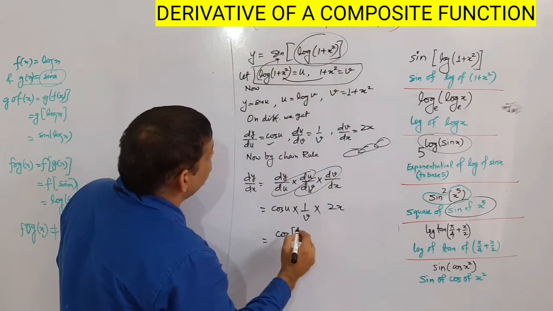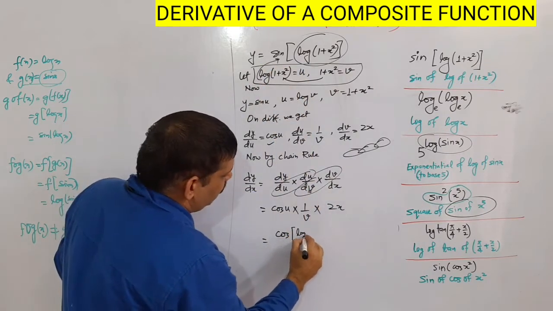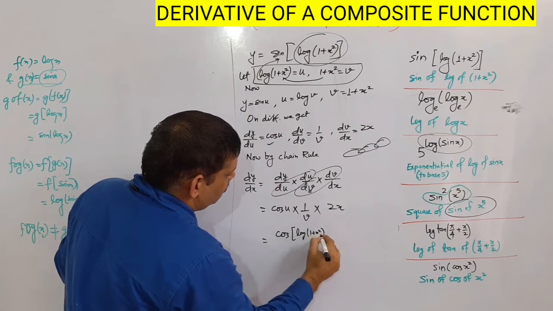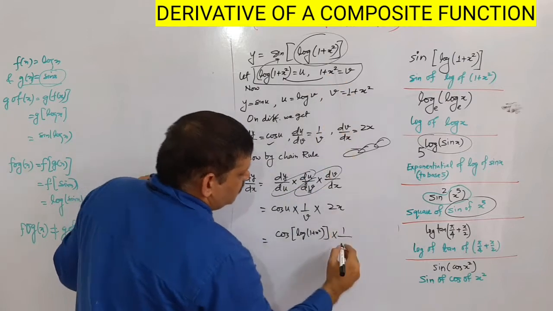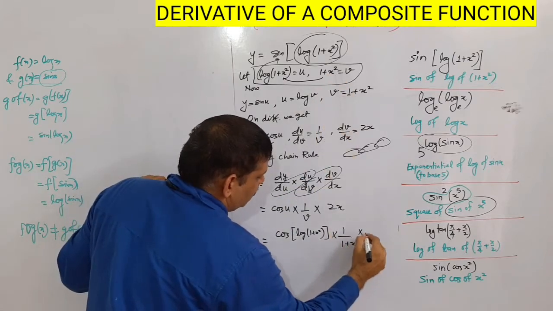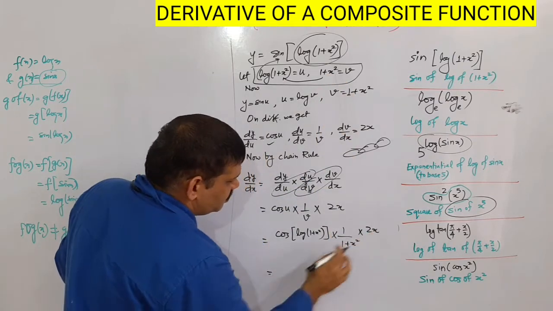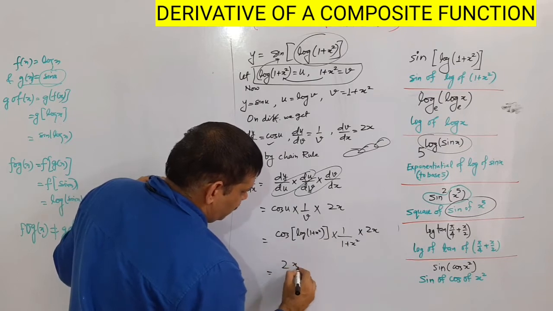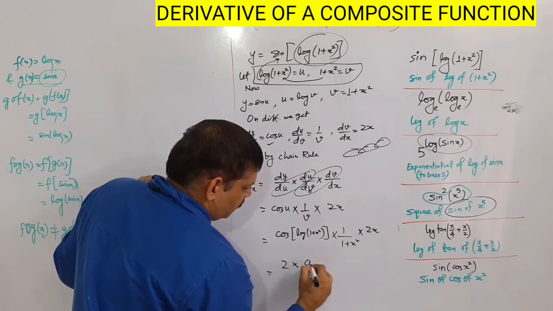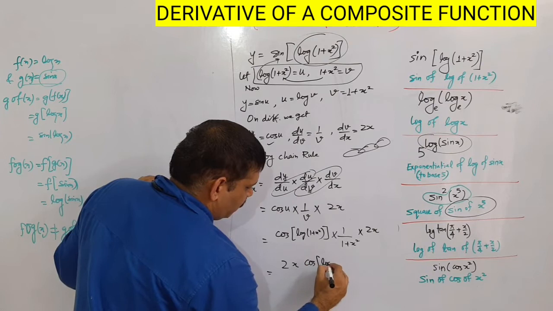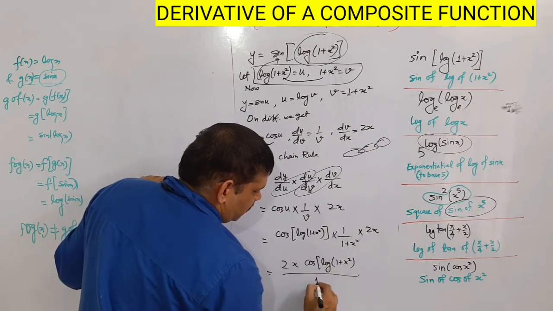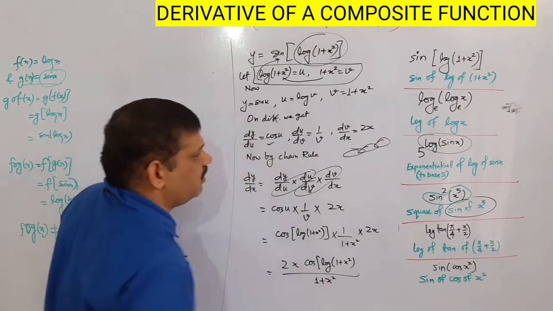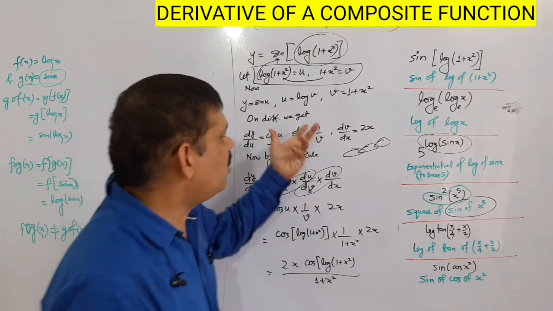So cos of the value of u is log of 1 plus x square into 1 upon v. The value of v is 1 plus x square, and this is 2x. So numerator is 2x into this. 2x into cos of log of 1 plus x square, and in the denominator we have 1 plus x square. So this is how we do.